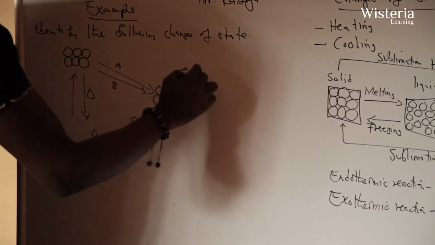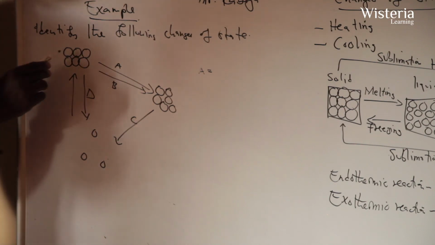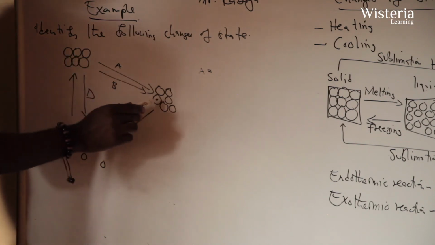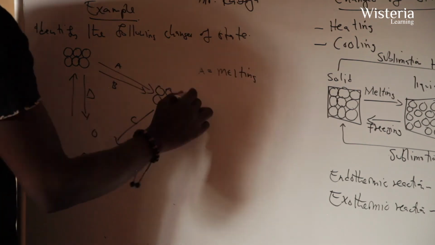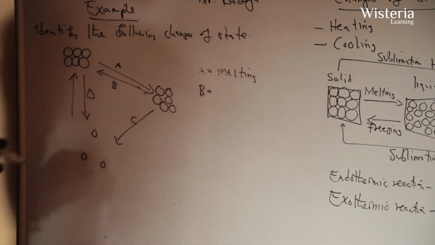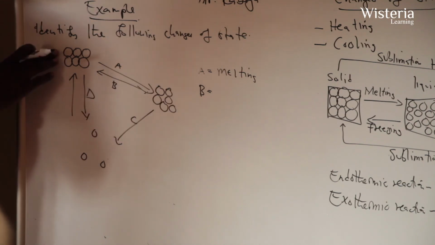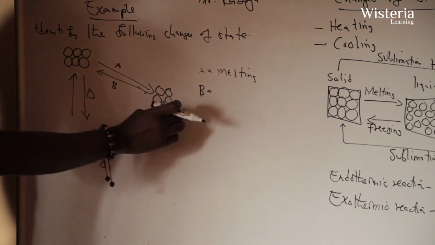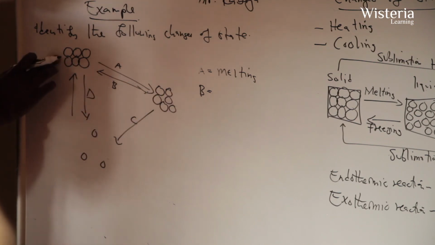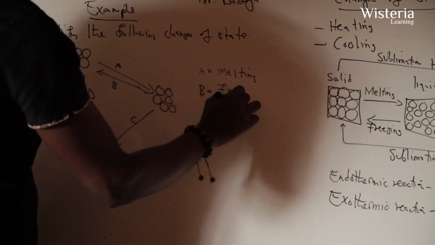So A is a change of state from a solid to a liquid, and from a solid to a liquid is called melting. Then B, we have a liquid, and here we've got a solid. So the change of state from a liquid to a solid is called freezing.